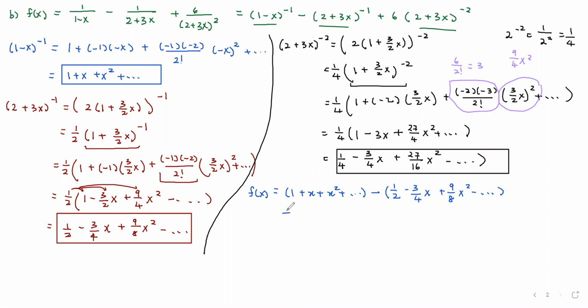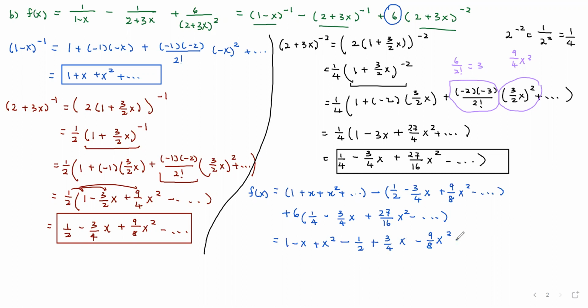And for the third term, do not forget the 6 here. We have 1 over 4 minus 3 over 4 x plus 27 over 16 x squared, which we can just expand everything. 1 plus x plus x squared, we can group them together, minus 1/2 plus 3 over 4 x minus 9 over 8 x squared.